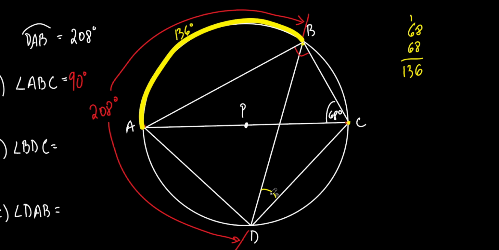How does that help us find this angle? Doesn't really help us just yet, does it? Is there anything else I can find? Okay, we could do that. Let's do that. Okay, see this AD right here?